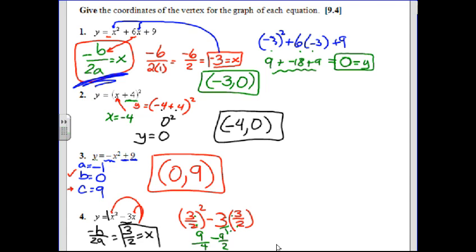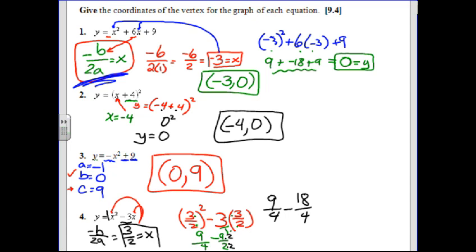So now all I need to do is add, or really subtract, this. I need to subtract this fraction. But I can't, because you need to have a common denominator. So I'm going to multiply both sides here by 2. And now I'm going to get this 9/4 minus 18/4.